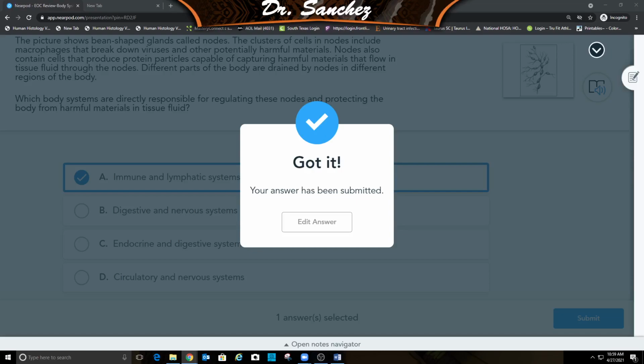So for instance, we have somebody that chose endocrine and digestive system. What does the endocrine system do? This is the last one we just covered. What does it do? Produces hormones. And what do hormones do? They're messengers. If they go to the kidneys, it's like, kidneys do this, right? They go to the thyroid, like, thyroid, release some more hormones too, right?